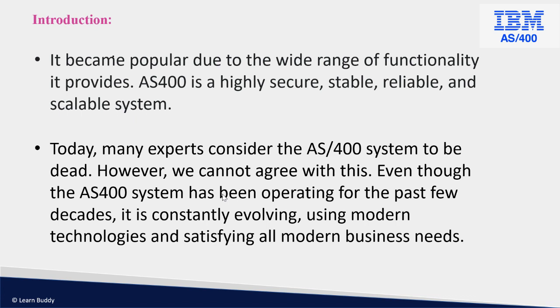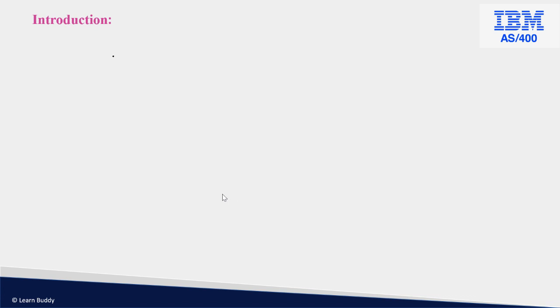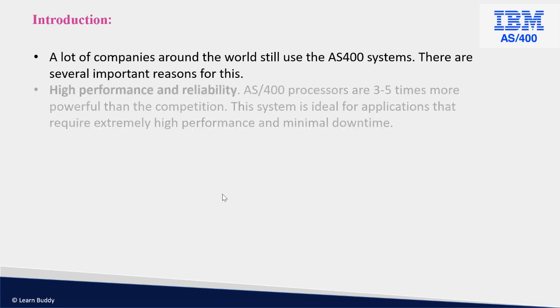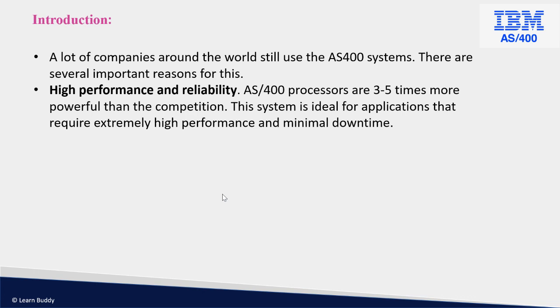It is constantly evolving, using modern technologies and satisfying modern business needs. That's why it is still in use by many companies. And why? Because of its high performance and reliability.